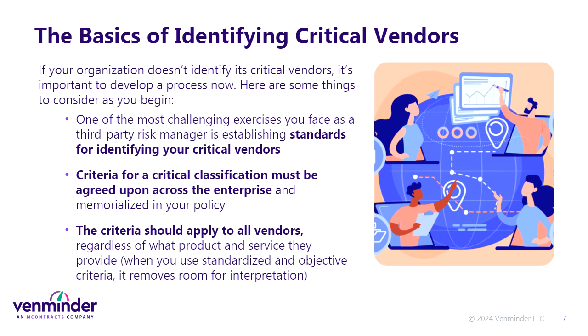Second, that criteria does need to be agreed upon across your organization and formally documented in your policy. And finally, this criteria should be used for all vendors regardless of the product or service type. This will help make sure that different stakeholders are not interpreting your definition of criticality in different ways.